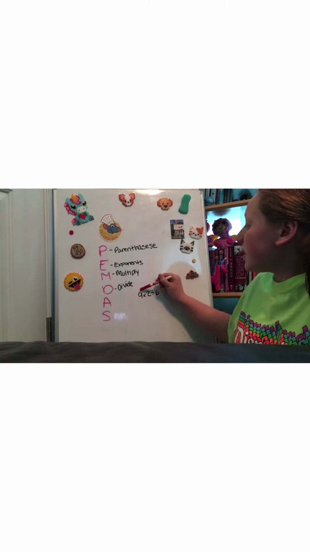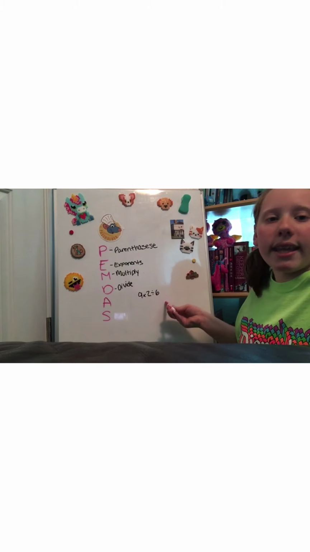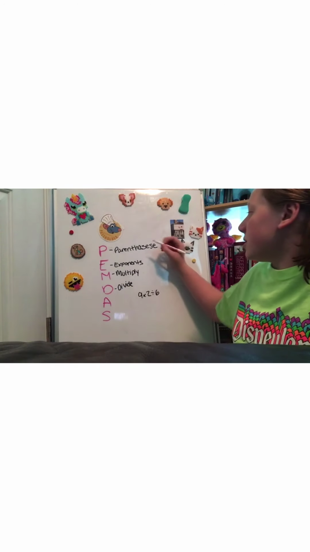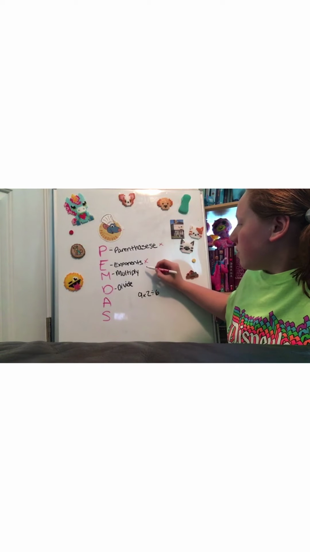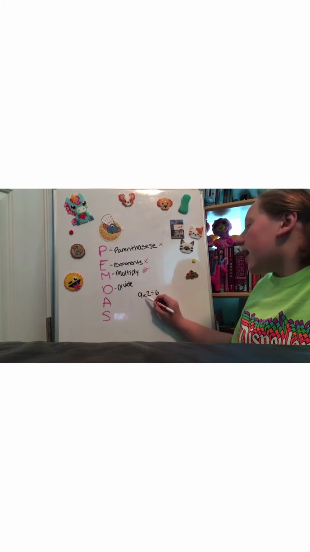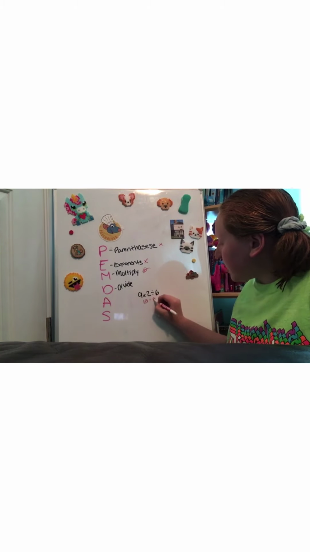If we read this like a sentence, it would be 9 times 2 divided by 6 equals. So in our order of operations, we know there's no parentheses and there's no exponents. So we're going to go straight into multiplying. We know that 9 times 2 is 18. So it gives us 18 divided by 6.